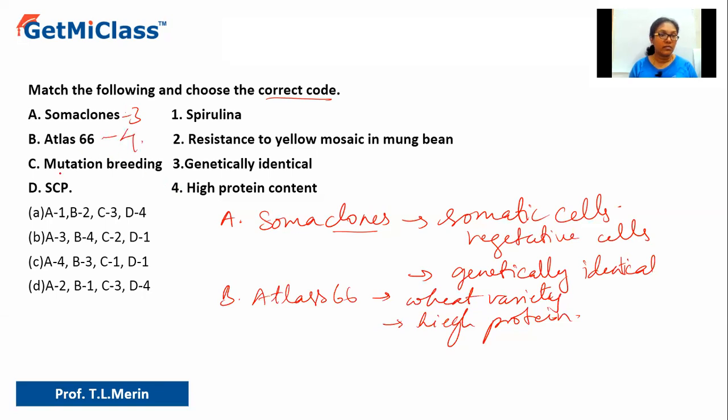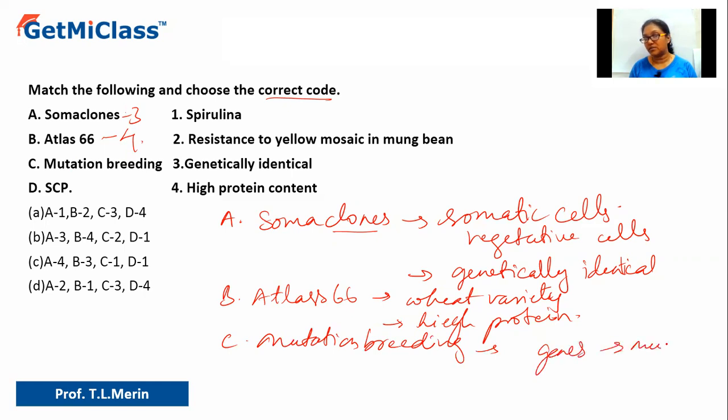Then option C says mutation breeding. So what is mutation breeding? Mutation breeding is a methodology of propagation of plants where the plants are first mutated for desired characteristics. That means the genes are mutated to get desired characters.